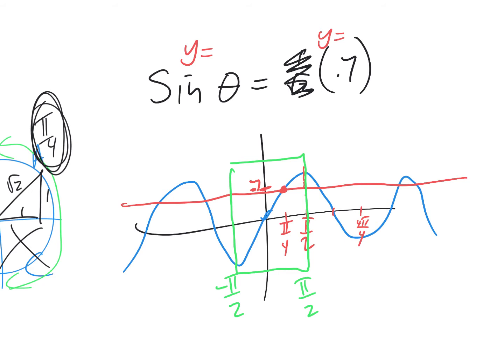All right, so how many answers are there? It all depends how many you want. There's infinite answers. Usually we say, to stay in this yellow box, which was where sine goes from 0 to 2 pi.